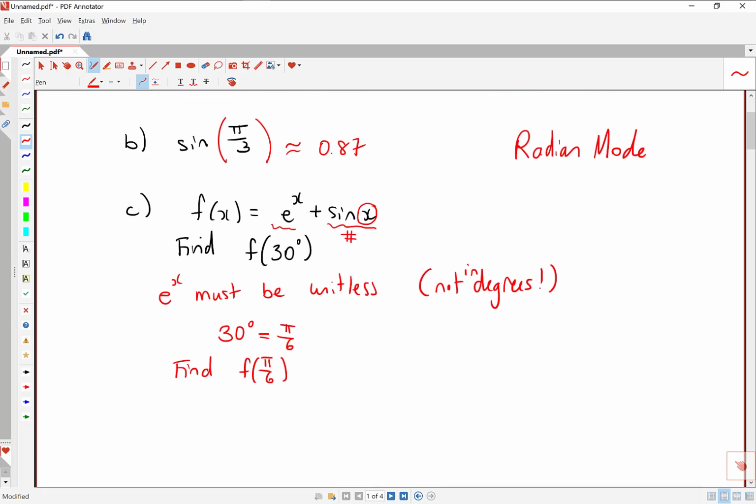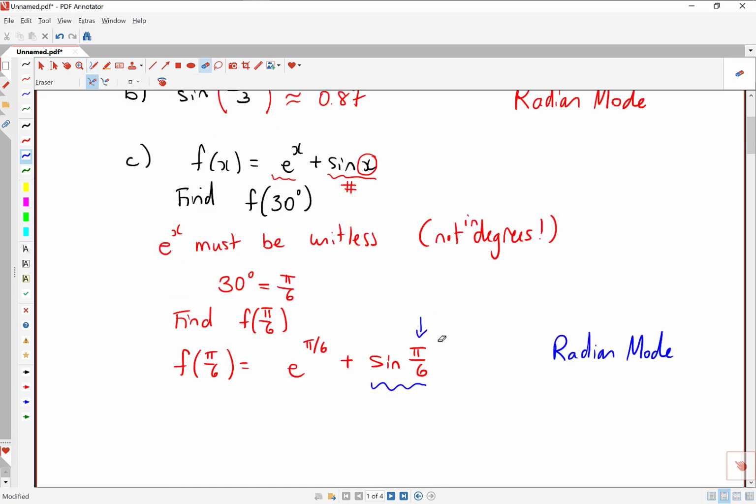So let's try it. So f of pi over 6 then is going to be e to the pi over 6 plus sine of pi over 6. Our calculator needs to be in radian mode. And the reason it needs to be in radian mode is because of the trig function here.